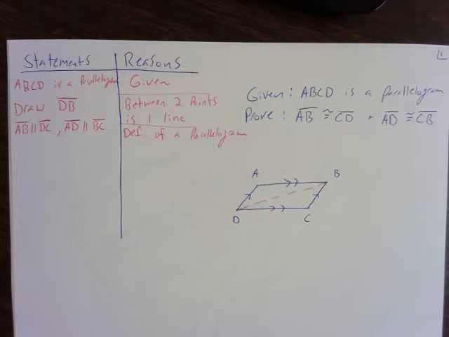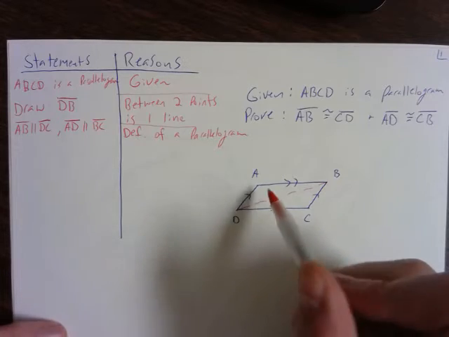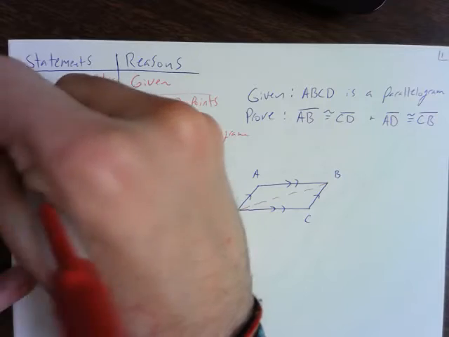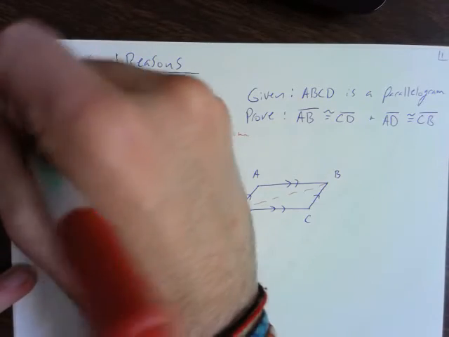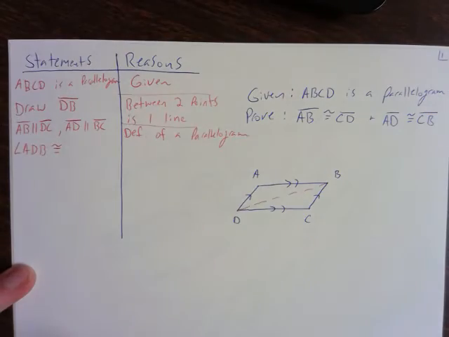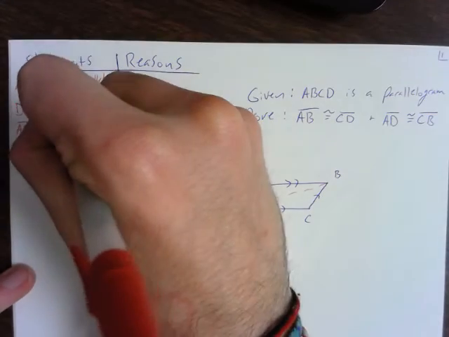And going back to our very first proofs, remember we had parallel lines cut by transversals. So we're going all the way back there for this next statement. And our next statement is that angle ADB is congruent to angle CBD.